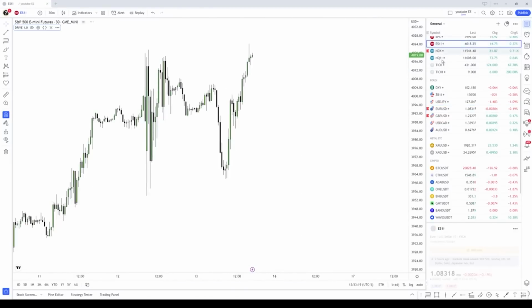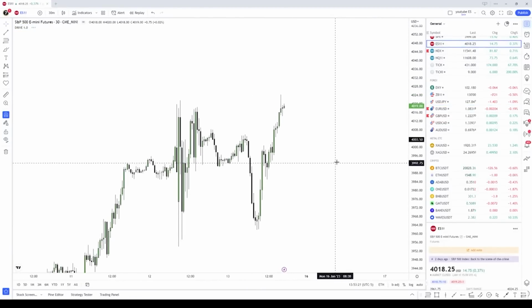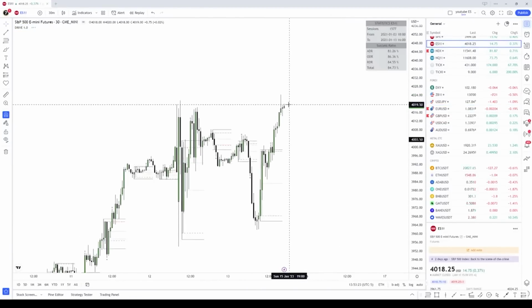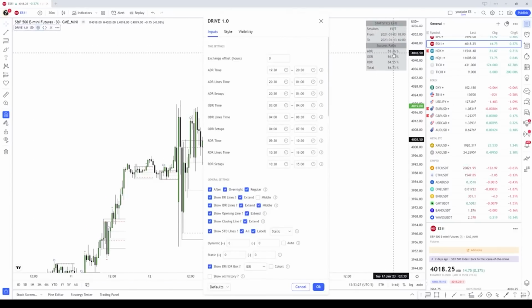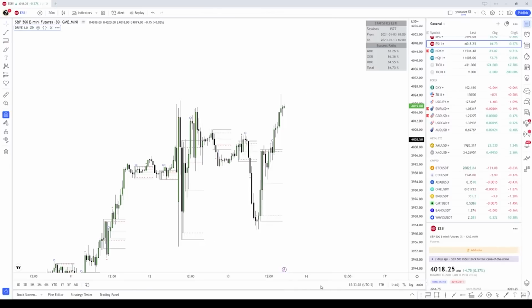I'm gonna show you also the difference for the ES, for example. So you see, 1 o'clock gives me 83%, 2 o'clock gives me 97%, so 4% more probability. It doesn't look a lot to you, but it will make a big difference if you only can do ADR sessions.